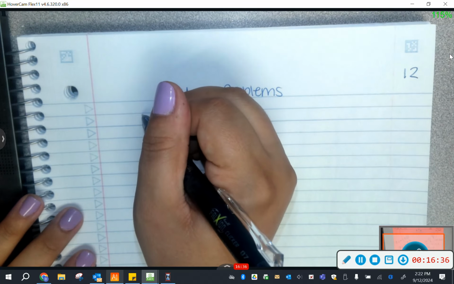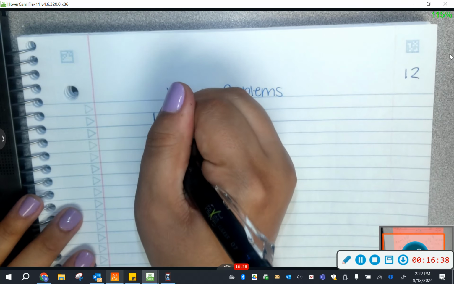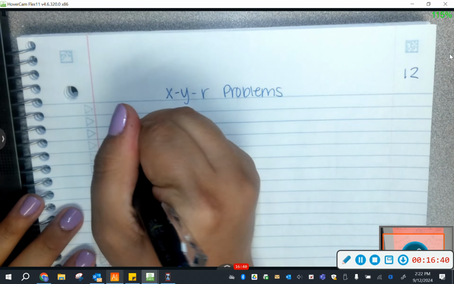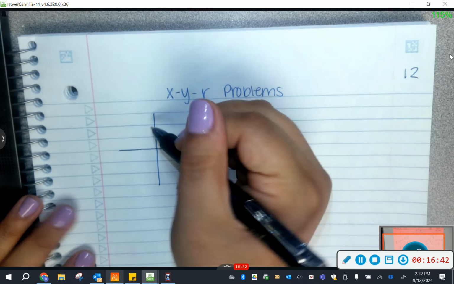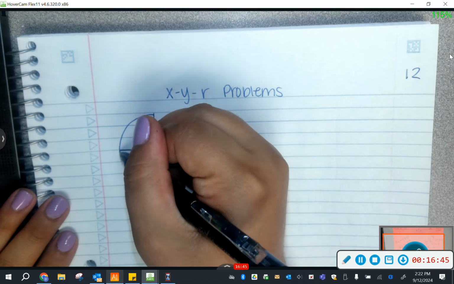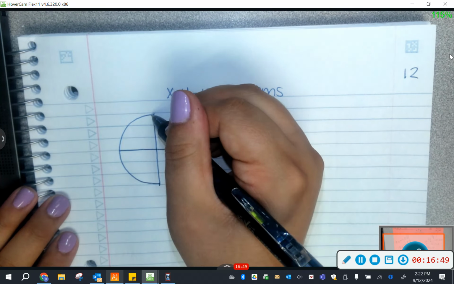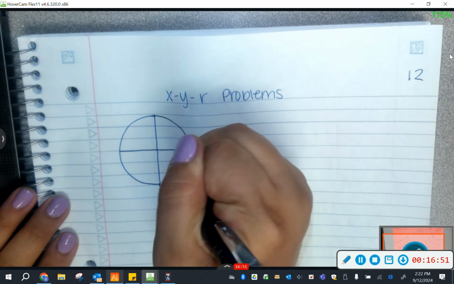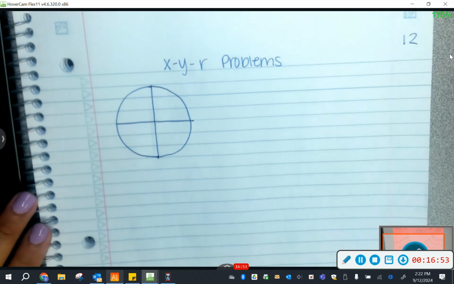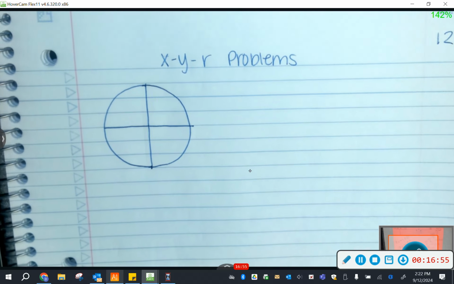So what I would like you to do, please, is draw an X and Y axis, and we're going to draw a circle. I find that it's easier to draw circles if you do a C and then a backward C. It ends up looking pretty good.